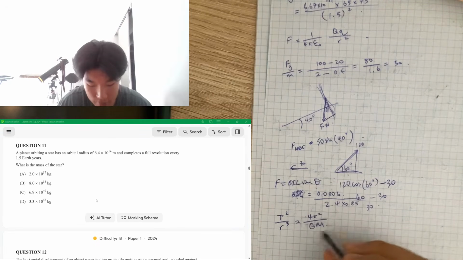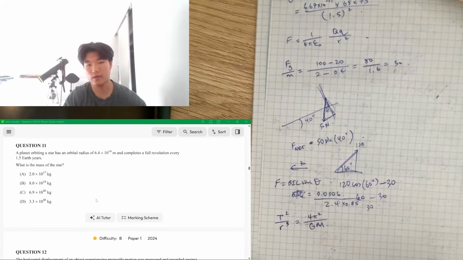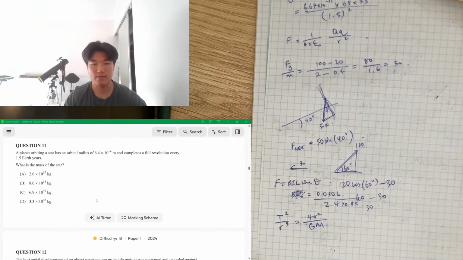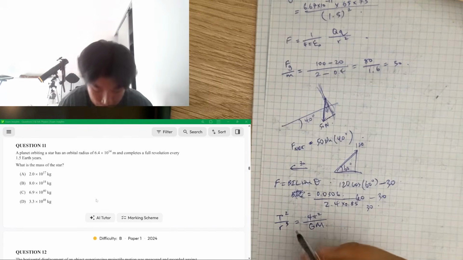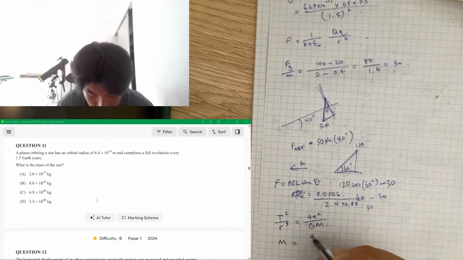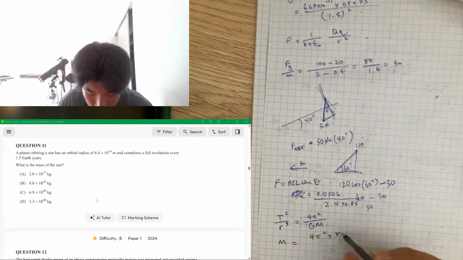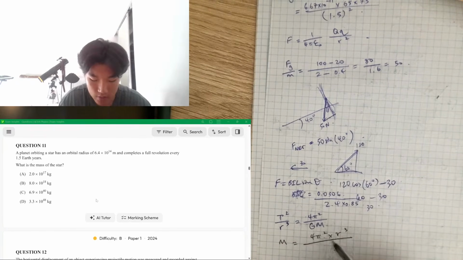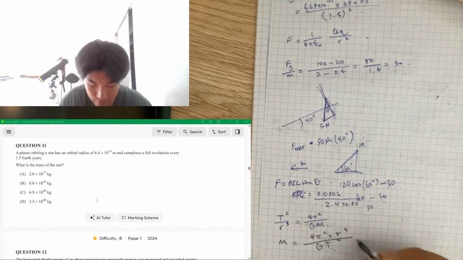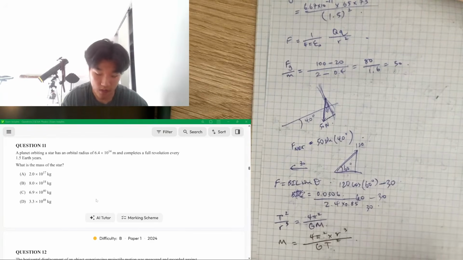Capital M is the common central mass that the planet is orbiting around. So to rearrange, simply multiply by r cubed on both sides, divide by T squared on both sides. So that's what happens.